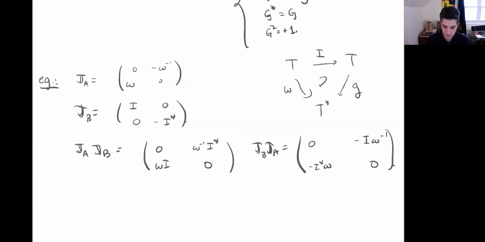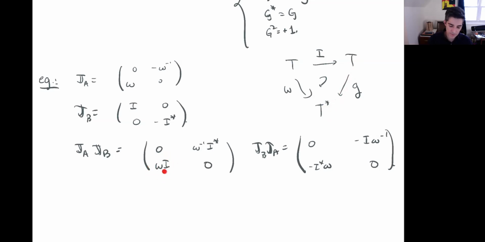And indeed, if you look at this compatibility, omega, so I star, or if you just look at this entry, for example, omega I, so I omega, that's basically the negative of the metric. And so this thing would be self-dual.